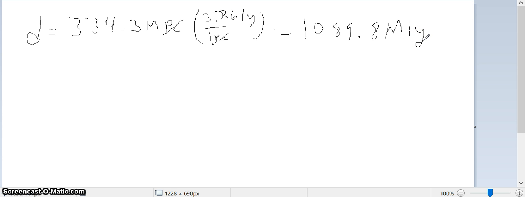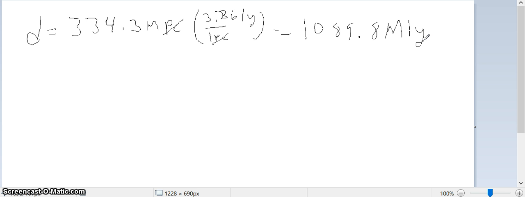Just to let you know, another way of saying this, just in words: if you had $1 million and you had $1 million 1,000 times, that would be a billion. So this number right here is about 1.089 billion light years.